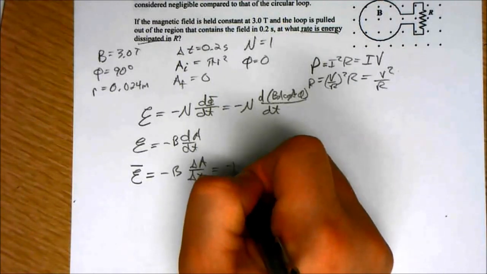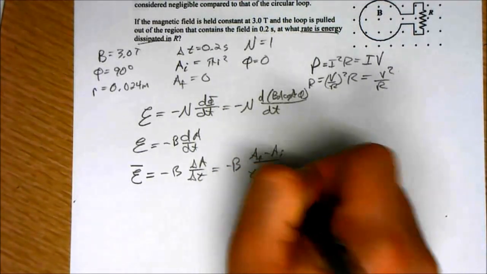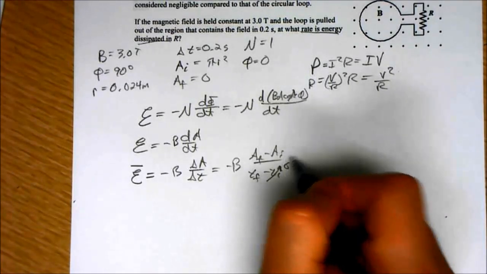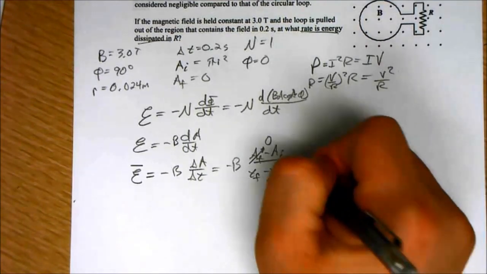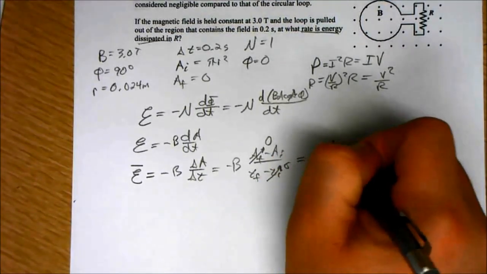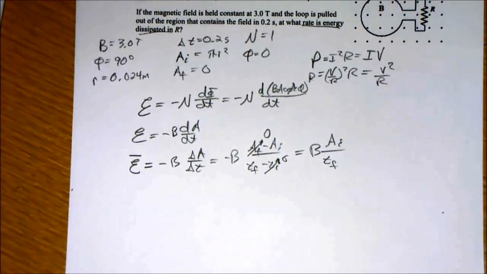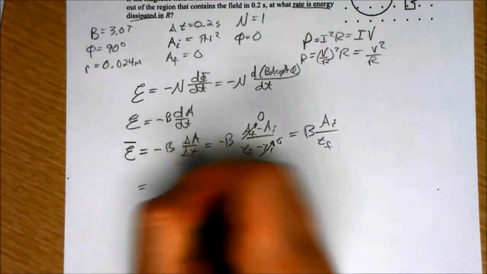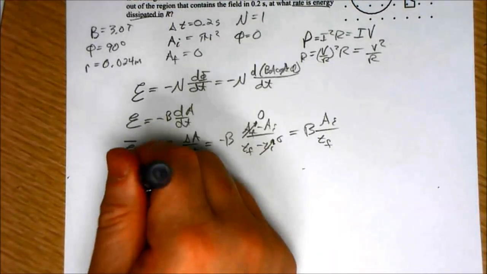So this equals negative B times A final minus A initial over t final minus t initial. Initial time is 0, final area is 0, so this just equals B A initial over t final. And this equals then the magnetic field. Well, I'll leave it at that for now.